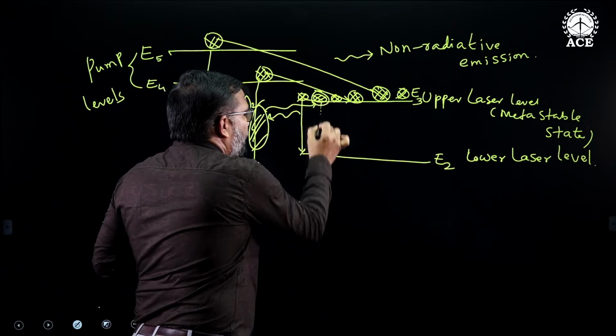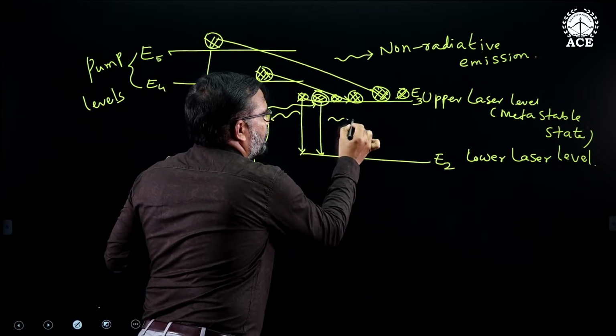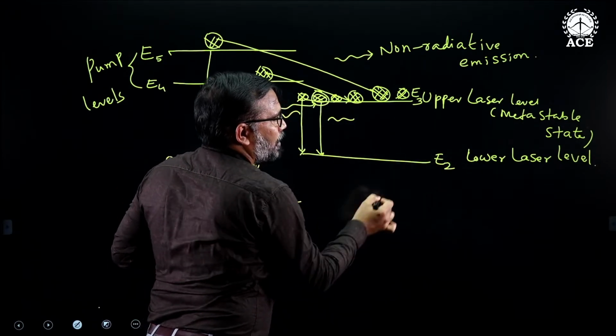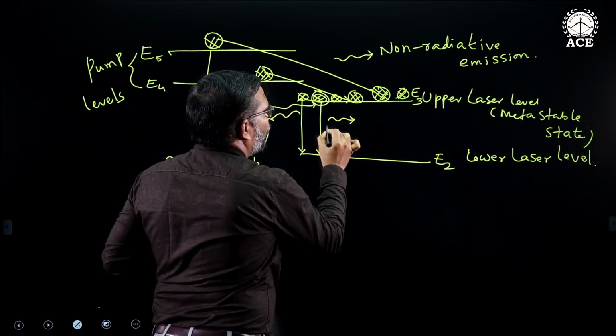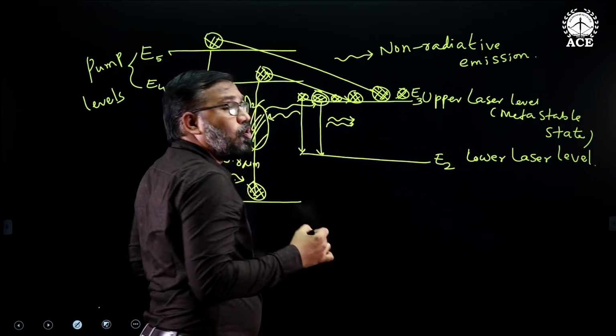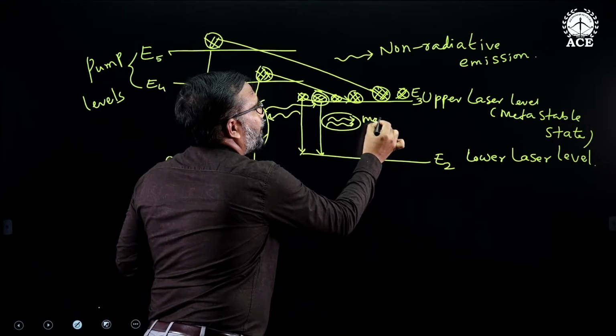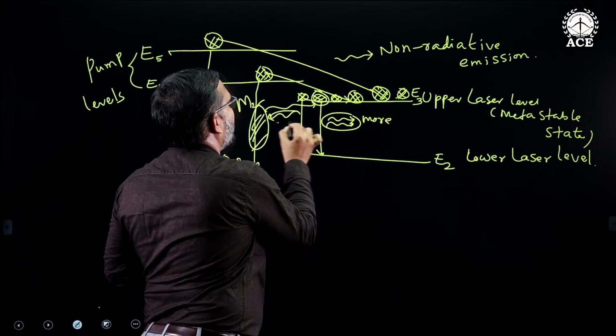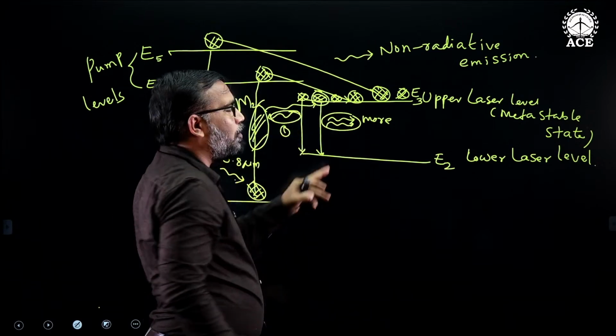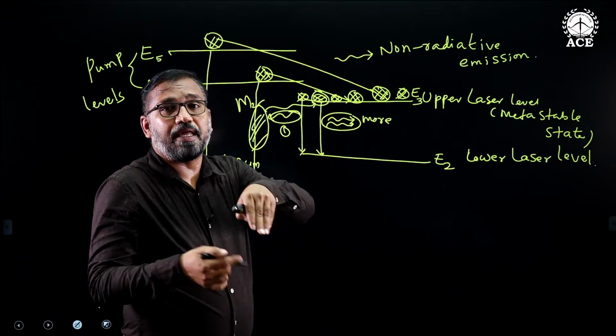Now this neodymium ion comes down to the lower laser level, not the ground state. These two photons are in coherent form, so the photon energy is more compared to the single photon. Now these two photons are coherent, so their energy is amplified.